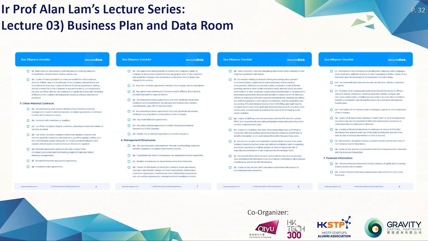And then material contracts, for example, the supply chain, okay? You sign any contract, commit with your supplier, and all this kind of contract you can include in this. This is for the expenses side, okay? Supply chain, okay? And then for the HR, the management and employees information, you can put it in section 6.